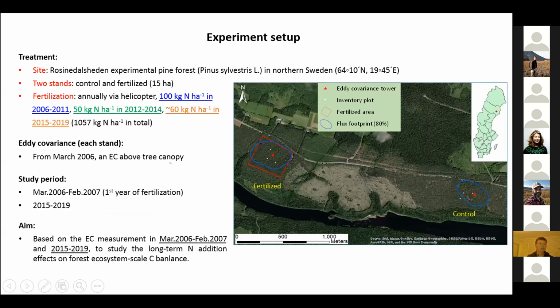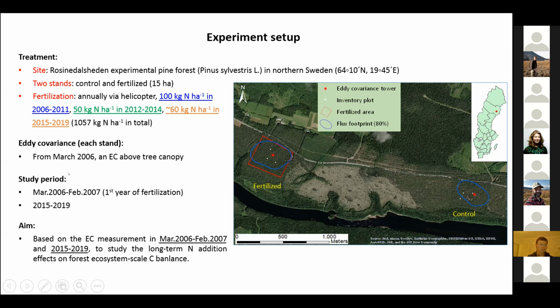Our experiment site is located in a pine forest in northern Sweden. We have two stands, control and fertilized. The fertilization started in 2006 and was applied annually by helicopter. Meanwhile, we have also had eddy covariance measurements of the above canopy CO2 fluxes starting from 2006.